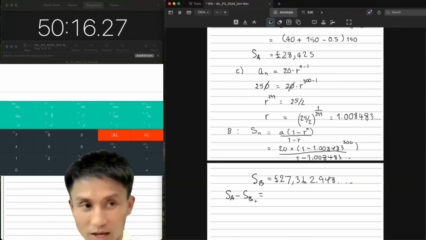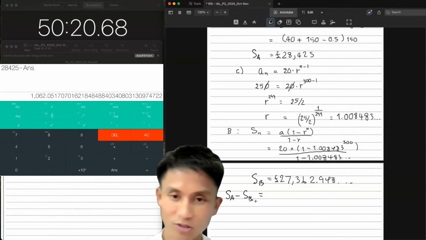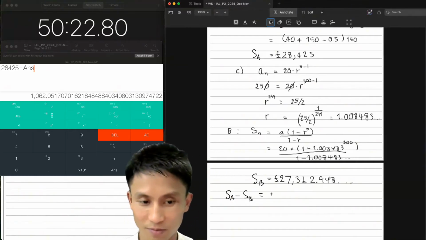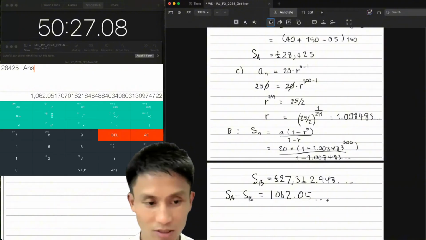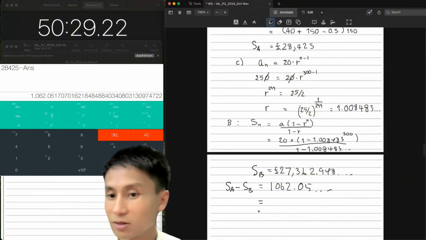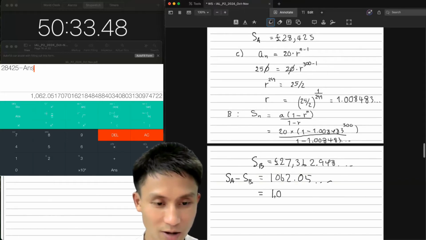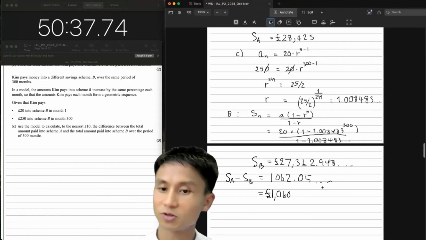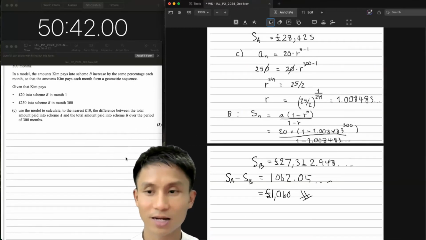So we're going to take 28425 minus answer. That is the answer from the calculator, but we have to answer to the nearest 10 pounds. So that is 1060 pounds. There you go. So that would be my final answer for part C.